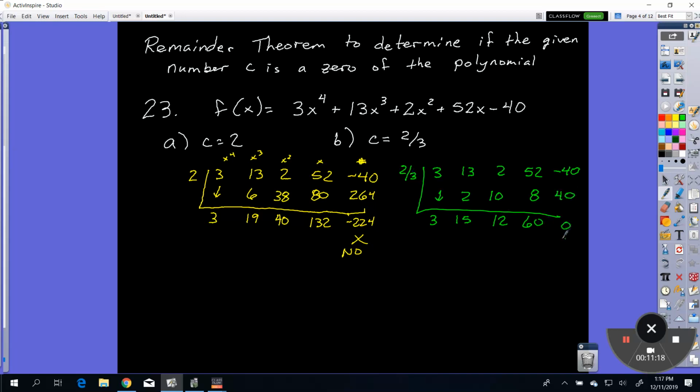So I get that that's a 0. So c is a 0 when it's 2/3. With c equals 2, that is not a 0.